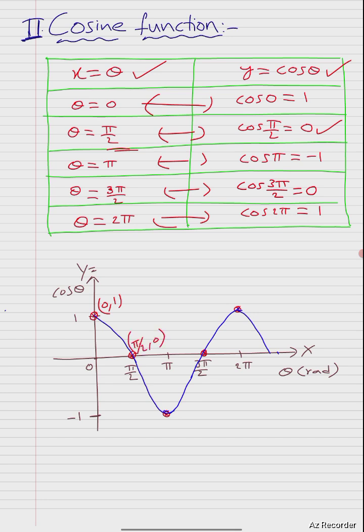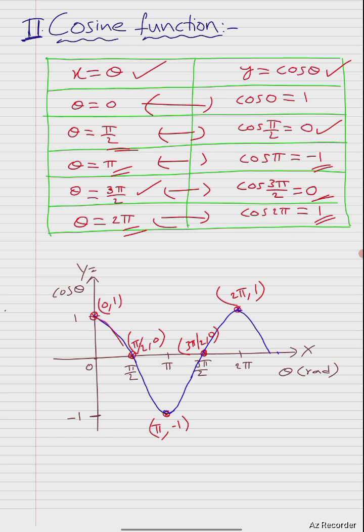For pi, the cos value is minus 1, so pi comma minus 1. For angle 3 pi by 2, the cos value is 0. For 2 pi, the cos value is 1.